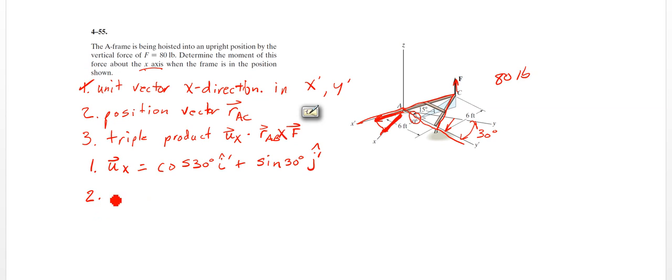Now, step 2, we're going to find a position vector, RAB. For A, we're keeping this in terms of I prime and J prime. At point A, we have 0, 0, 0. For C, in the x prime direction, we're going to have 6, so this length is 6 cosine 15.